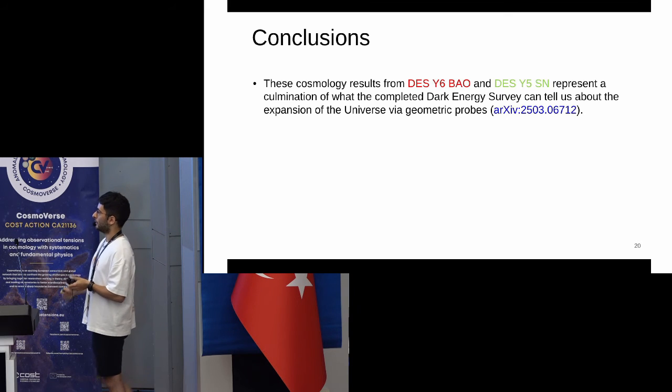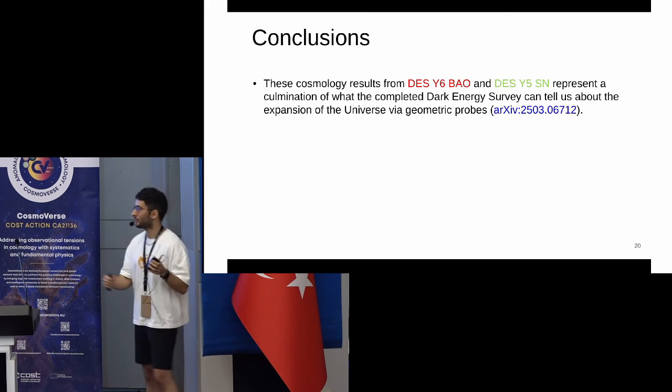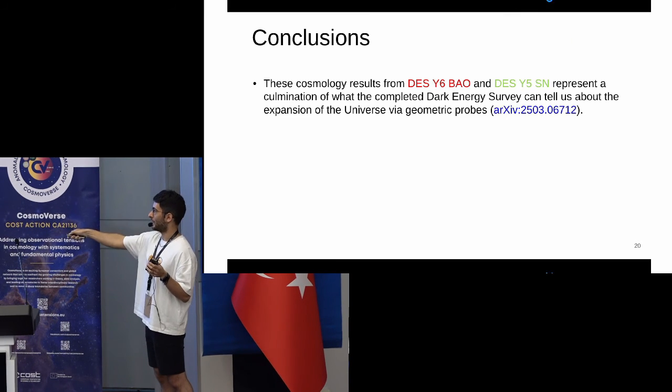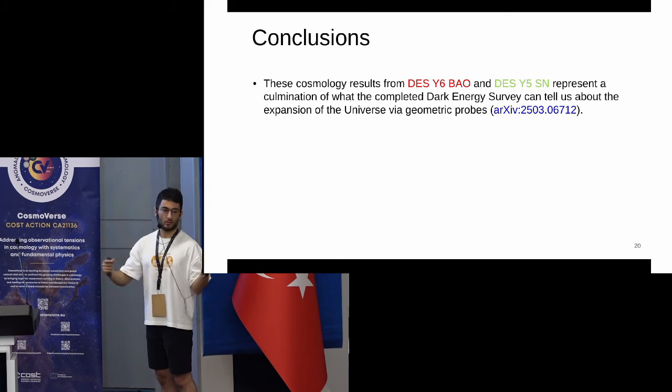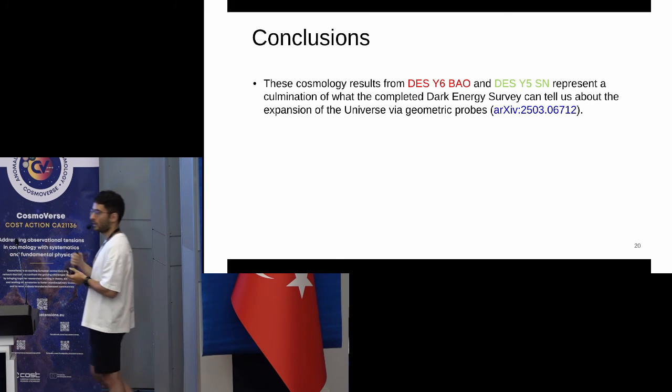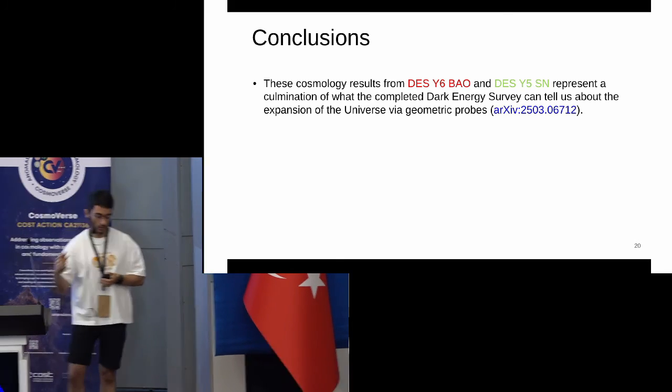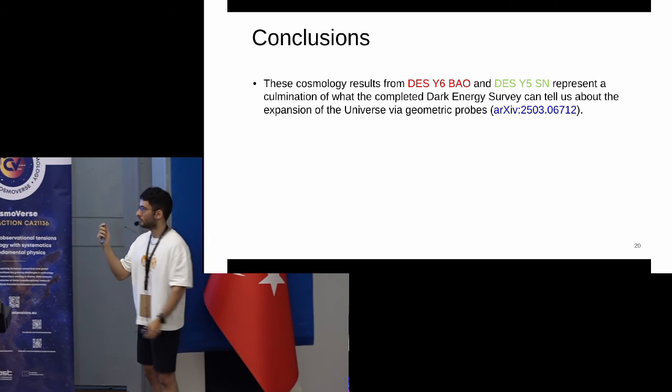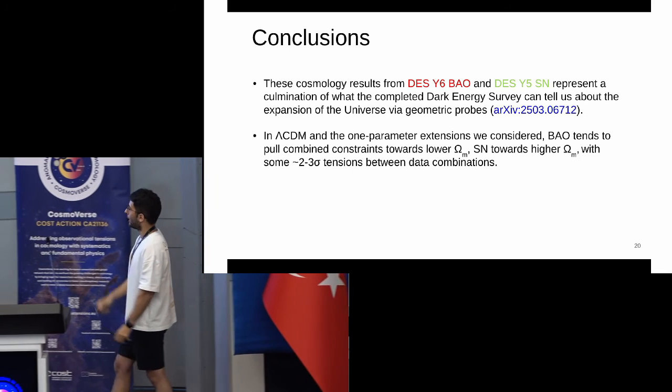Conclusions. Again, these cosmology results from DES BAO and Supernova represent the culmination of what the completed Dark Energy Survey can tell us about the expansion history of the universe via geometric probes. And this work is possible thanks to a lot of people working on DES.